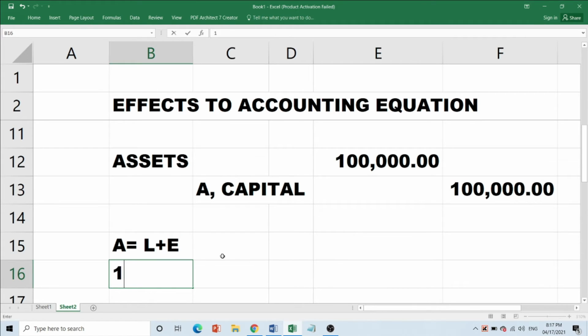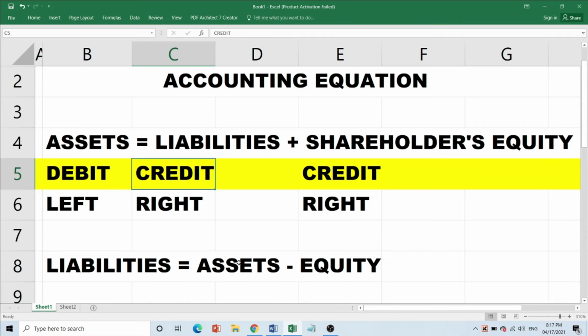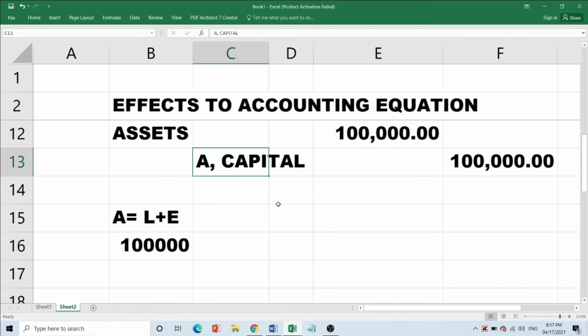Assets nag-increase, yes. Sorry, it's 100,000. A capital is an equity account, right? So since yung equity account has a normal credit balance at nag-credit po tayo dito ng capital account, therefore nag-increase si capital. Tingnan natin.